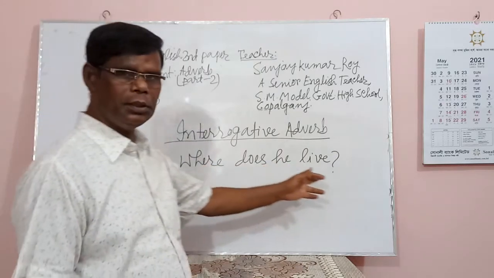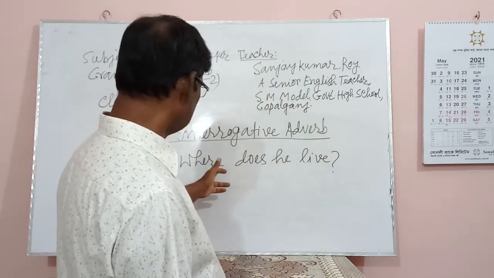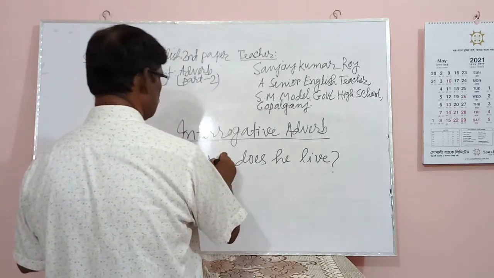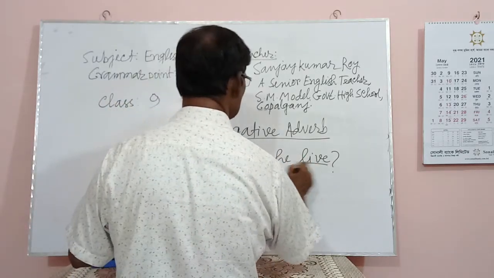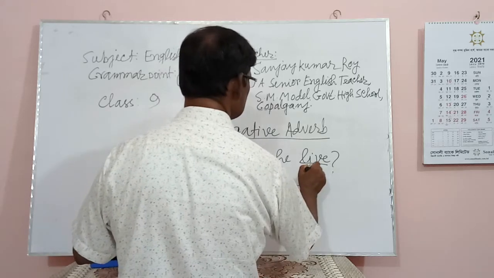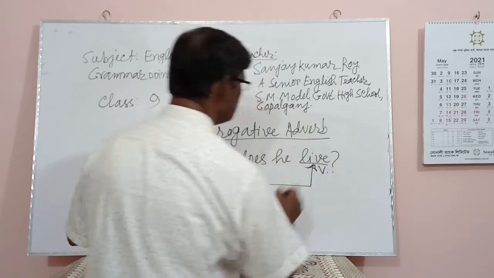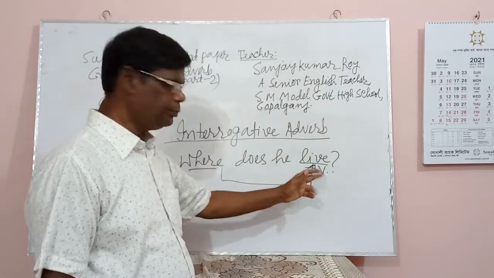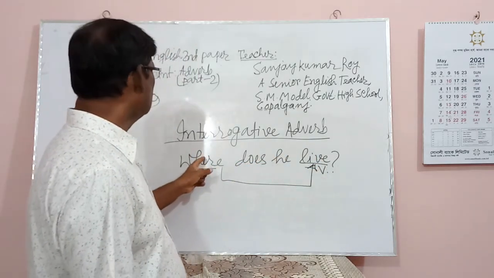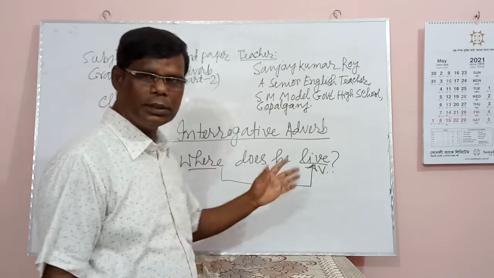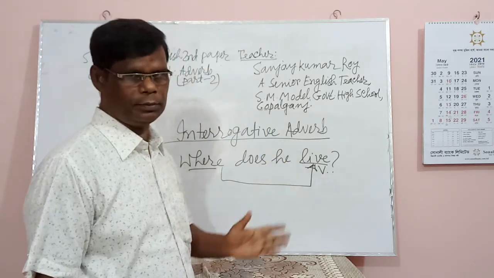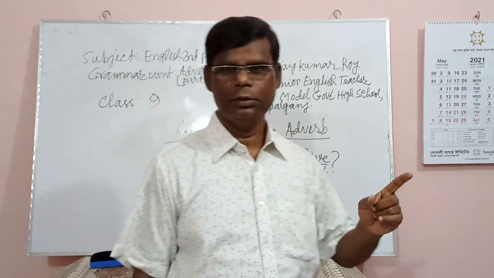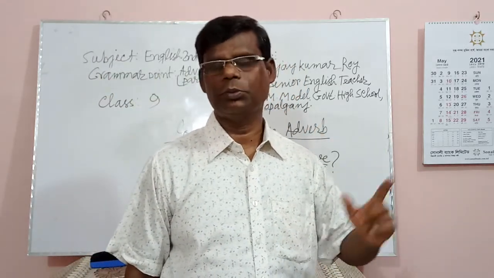Where does he live? Here we find that "where" qualifies "live", that is a verb. That means "where" is an adverb here, but it is used here to ask a question.